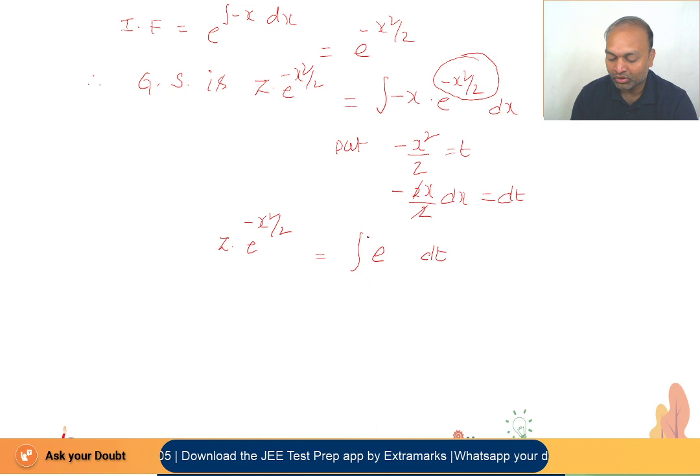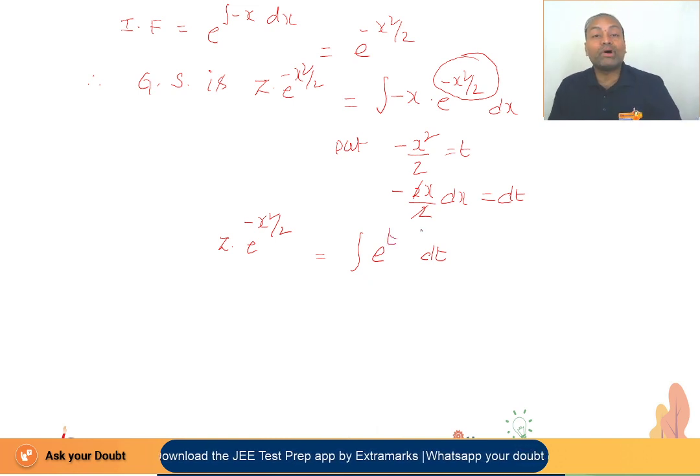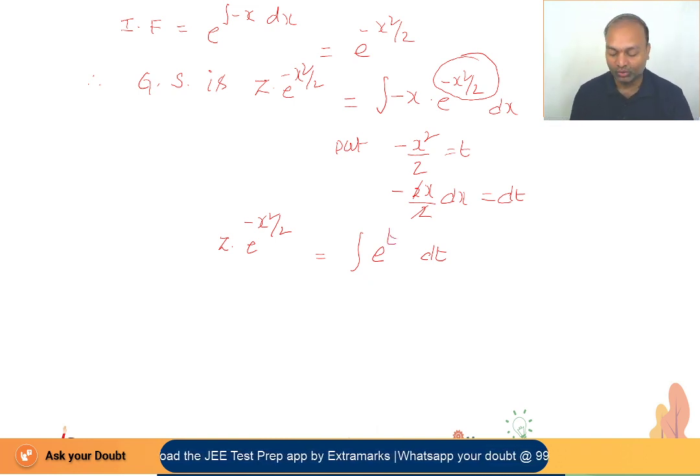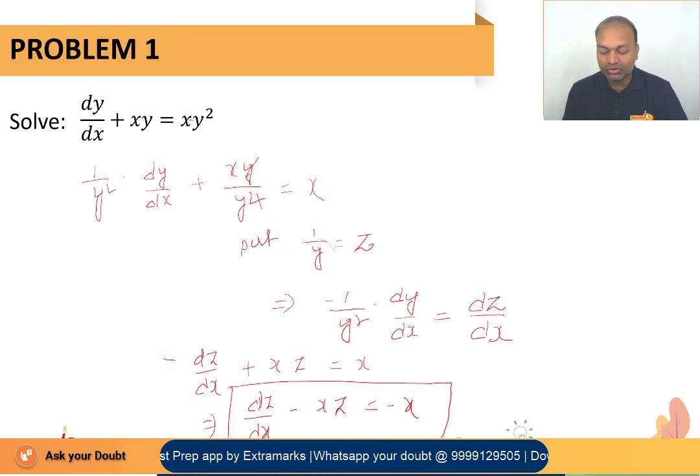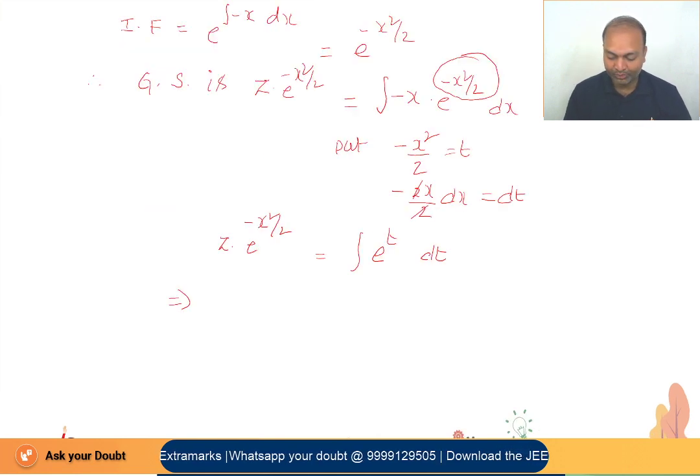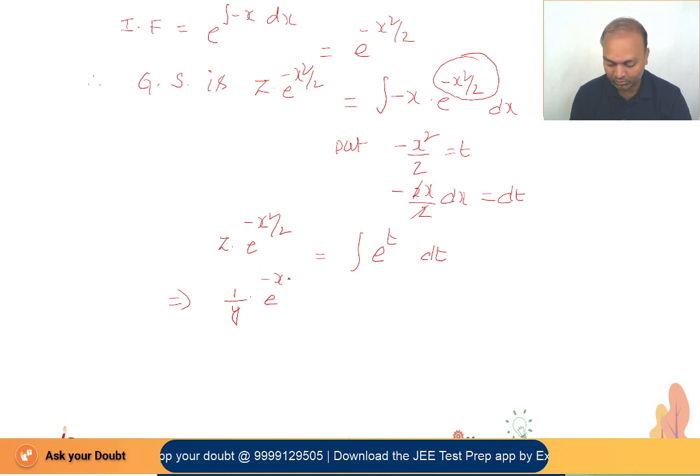E power, what about this one? t. E power t integration is what? E power t only. Now put the z value also. What about z? See the substitution. z is equal to what? The assumption is 1 by y. So I am writing 1 by y into this value is equal to e power t integration is e power t.